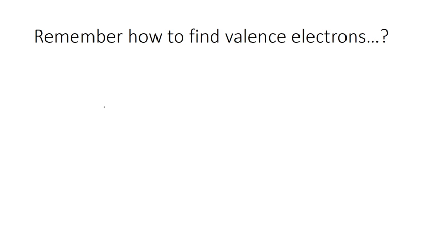So doing a simple dot diagram, basically what we're going to do is find and put dots for each of the valence electrons that's around an element. So if we look at carbon, we find it in column 4A, so we know it has 4 valence electrons, and we put 1, 2, 3, 4 dots.